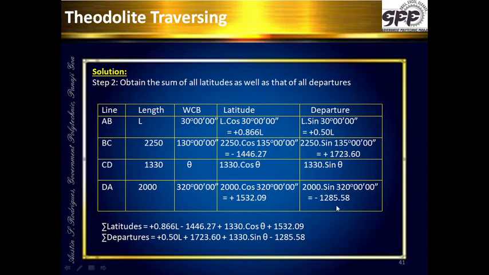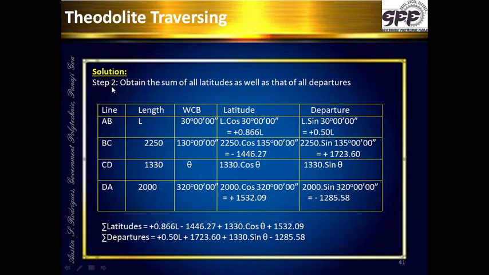Similarly, all the departures: plus 0.50 L, plus 1723.60, then plus 1330 sine theta, and then minus 1285.58. So we have got all of them together.